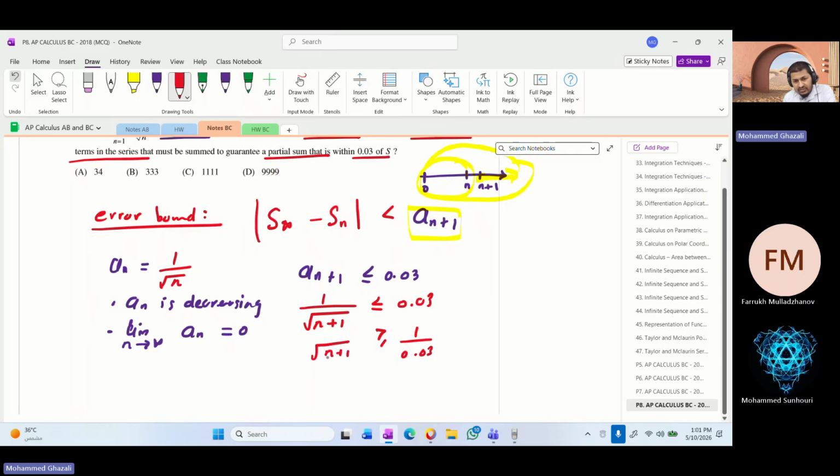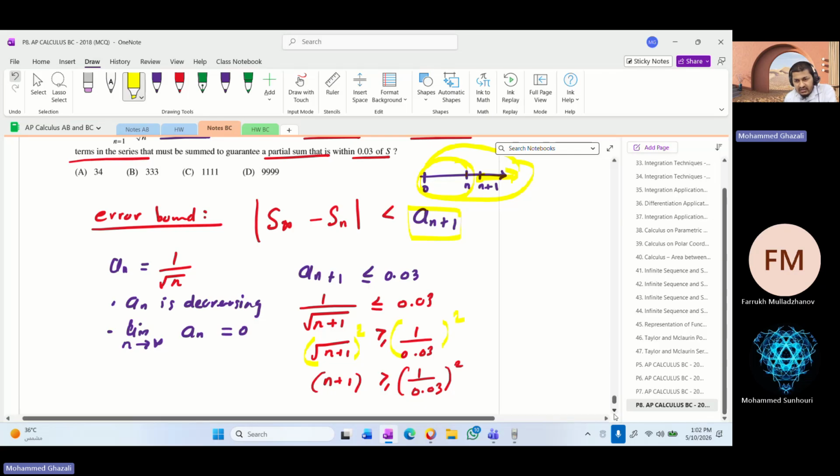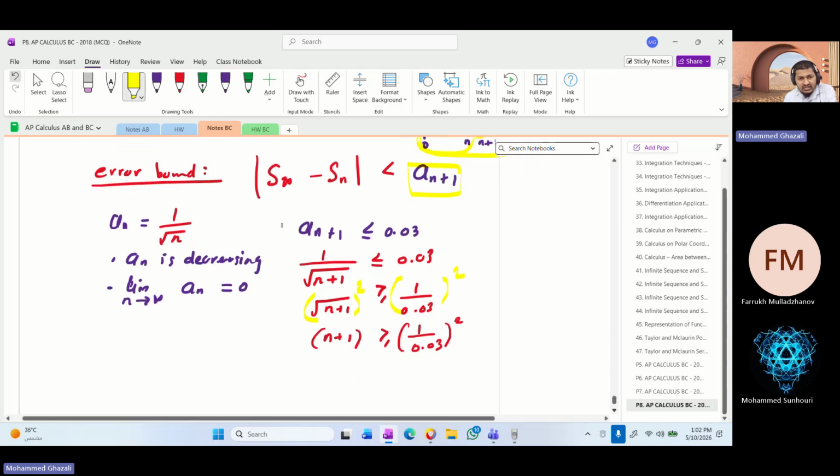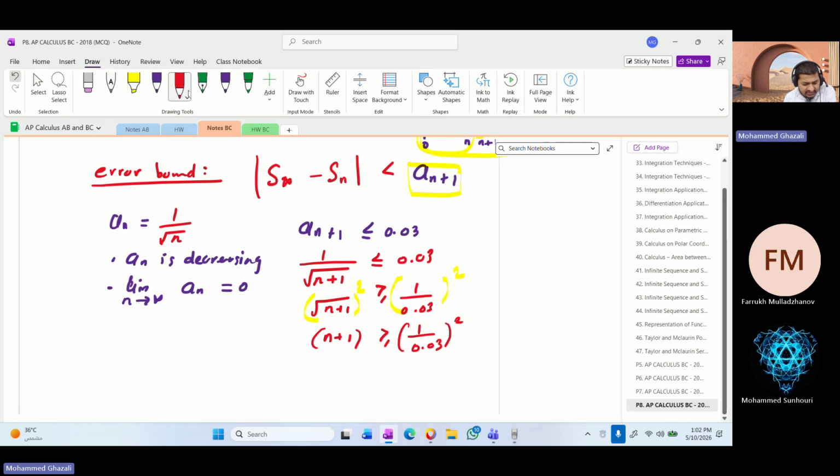Okay. Solve this, square both sides. I'm squaring both sides, guys. So I squared this side and I squared this side. Right. And I'm going to take this 1 over to the other side and minus. Oh, no, you don't need to do that.